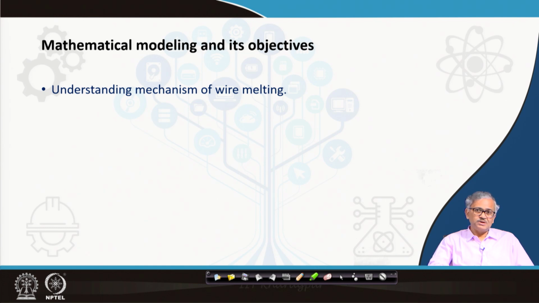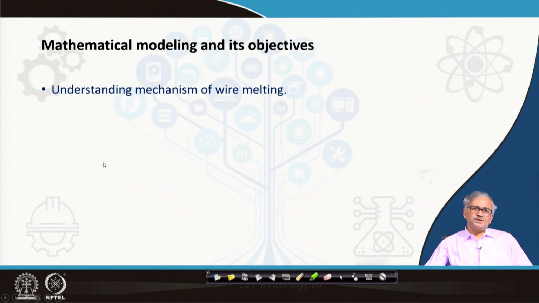The process may be even a little more complicated, but we need to understand how long this shell takes to form, what is the maximum thickness it reaches, and then it melts, and then the casing melts. So, how much time does it take in total for all this operation? First of all, the first thing is the mechanism of wire melting.